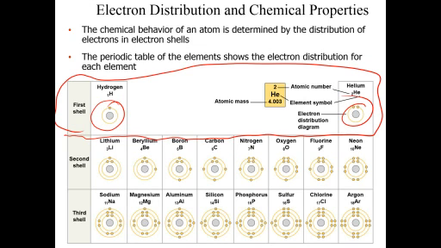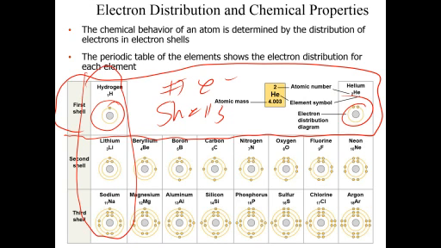The row that an element is found on tells you the number of shells, of electrons, electron shells. When you look at the column that elements fall on, it tells you the number of valence electrons.